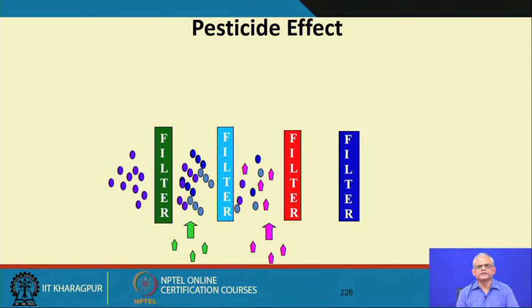Let us look at another very important fundamental concept in testing, and this concept goes by the name pesticide effect. This concept is given the name pesticide effect because of its analogy to the use of pesticide in a crop field. Let us assume that we have a cotton crop, and the farmer found that it is infested with pests. So, what does the farmer do?